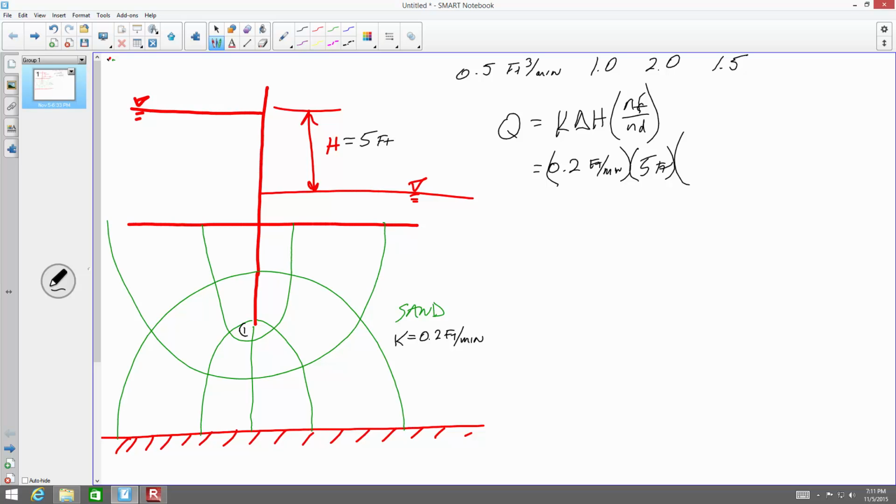There's 1 flow channel, 2 flow channels, 3 flow channels. So my flow channels is 3. How many flow lines do I have? 4.